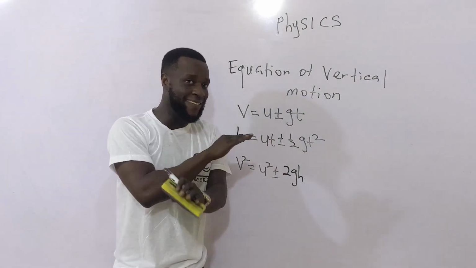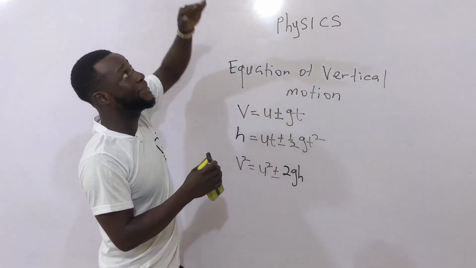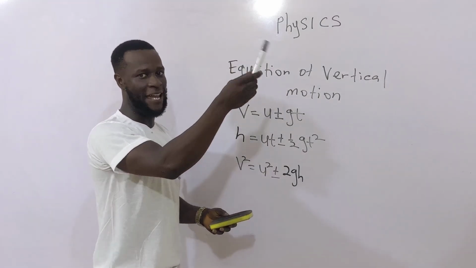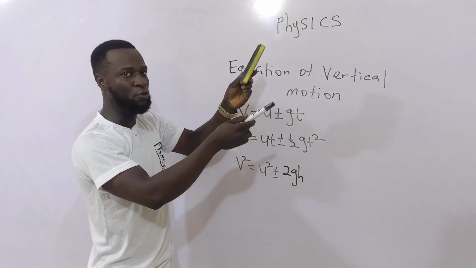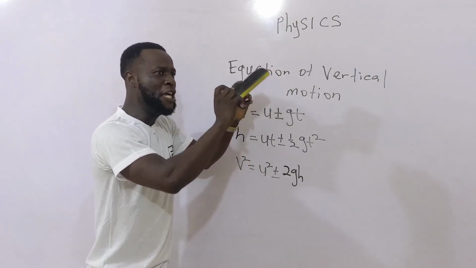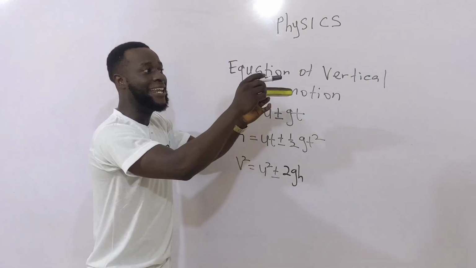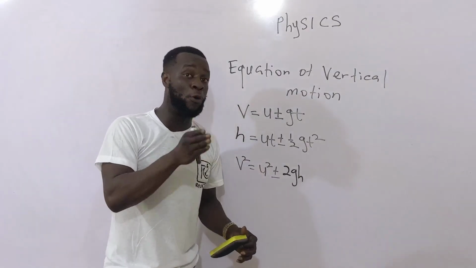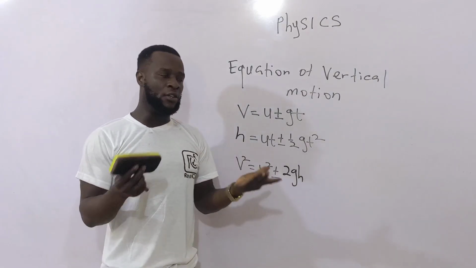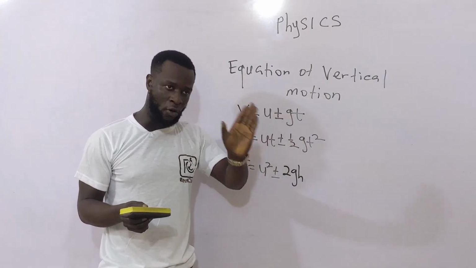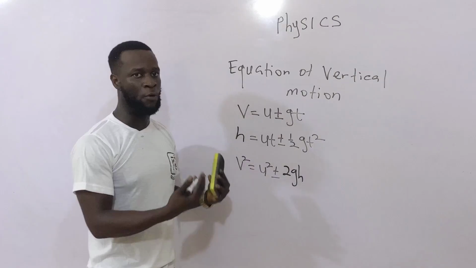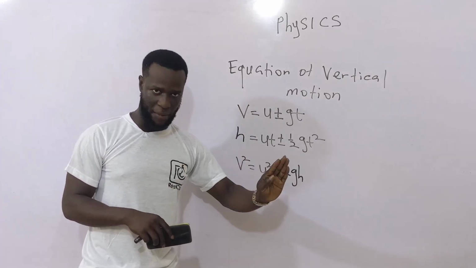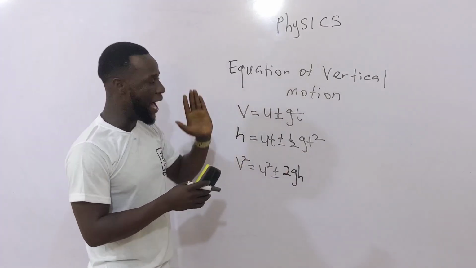Meaning that if this were a feather and this were a stone, in a perfect vacuum, and I let both of them fall from this height, both of them will get to the ground at the same time, if we neglect air resistance. I know this is not our common day experience because of air resistance, but if we conducted that experiment in a perfect vacuum, that's what we would experience. So note that, because this question has been asked before: all objects, irrespective of their masses, will fall to the ground from the same height at the same time.